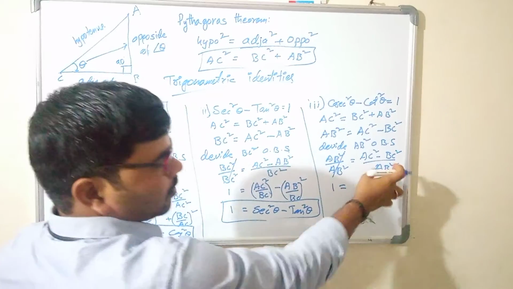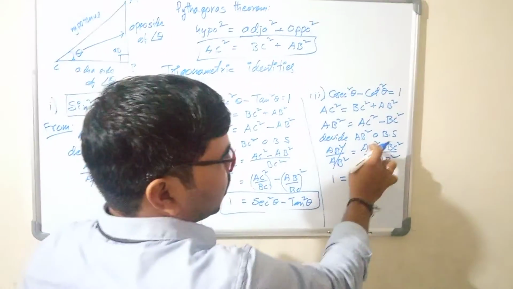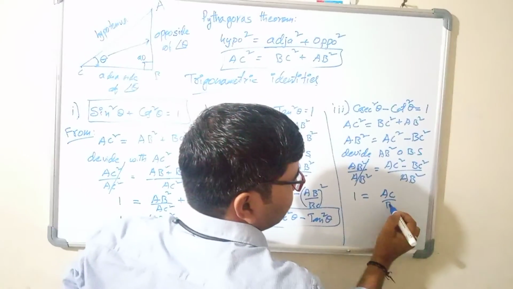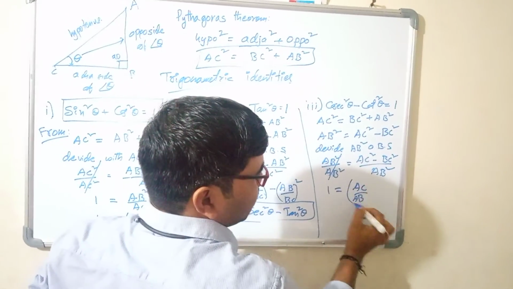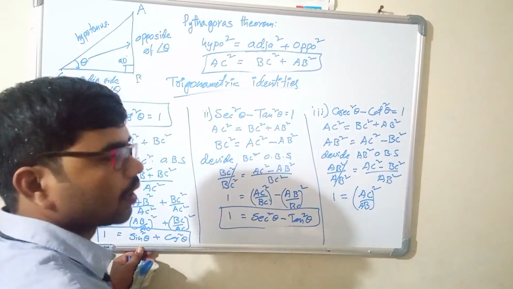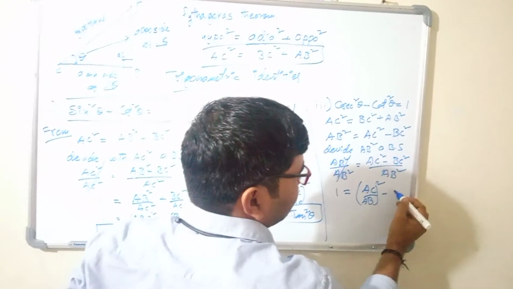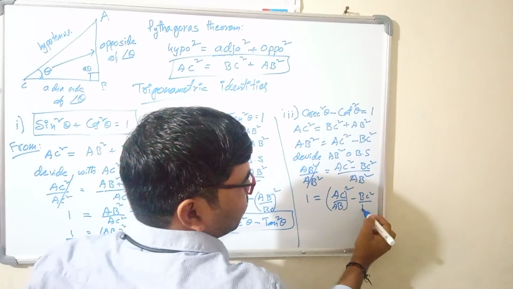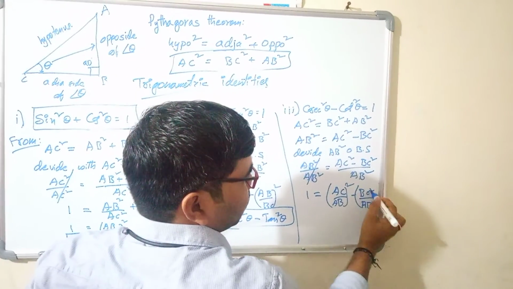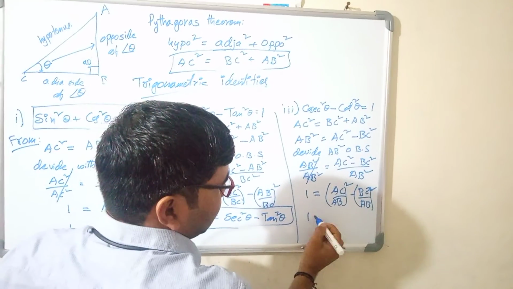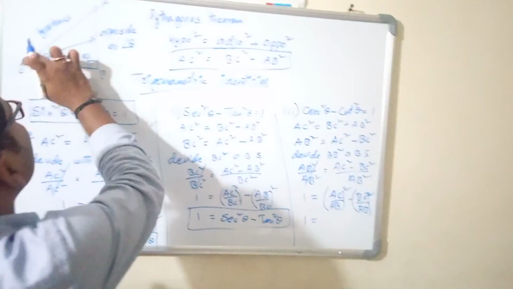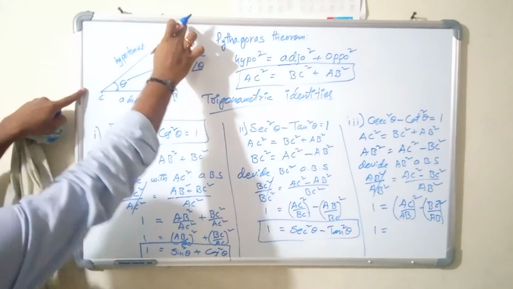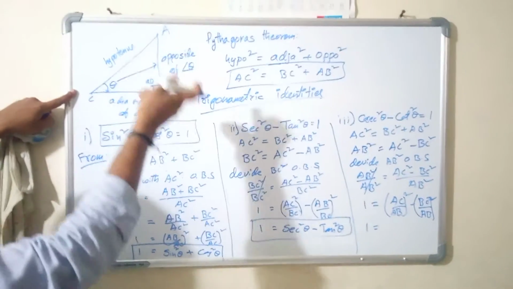Here we split the two fractions into AC square by AB square, we can write AC by AB whole square. Remaining one is BC square by AB square, we can write BC by AB whole square. 1 is equal to AC by AB. AC means hypotenuse, AB means opposite. Hypotenuse by opposite is the reciprocal of sin theta.